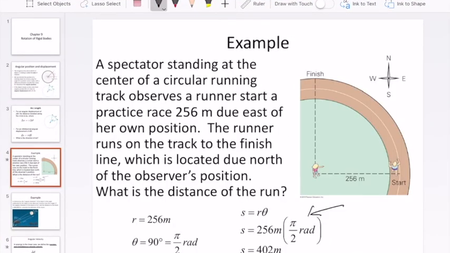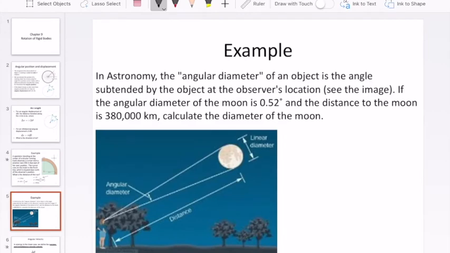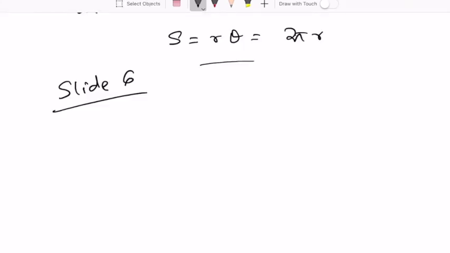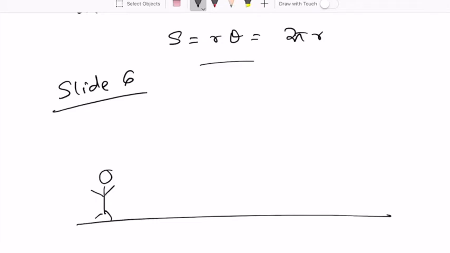Let's try the problem on slide 6. All right. So what this problem is saying is that you're given the angular diameter of the moon. The angular diameter is a very common term in astronomy. What does it mean? Somebody's watching the moon from over here, and there is the moon up here in the sky.